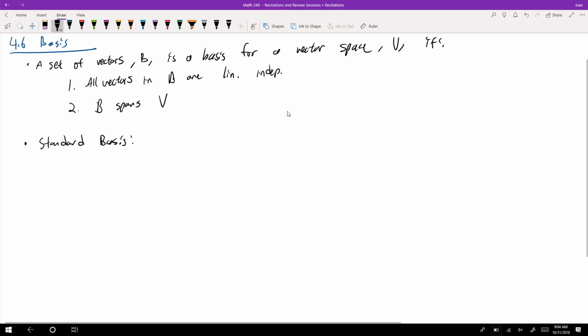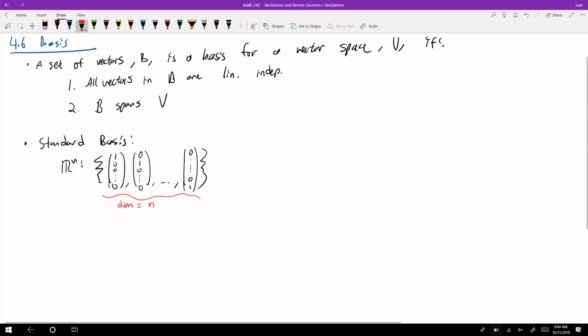Examples: in Rn you would have 1, 0, dot dot dot, 0, and then 0, 1, 0, and so on, all the way down to 0, 0, dot dot dot, 1. How many of these would you have? You would have n of these, so the dimension of Rn is n.